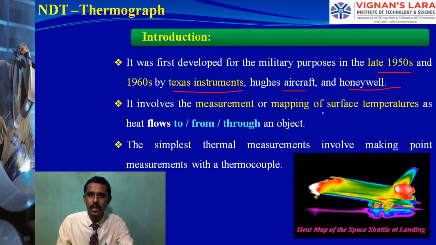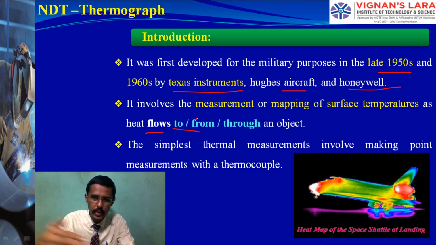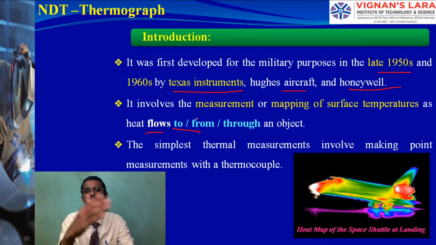So it is a mapping of the surface temperatures as the heat flows to and from, or through, an object, through the specimens, through the aircraft, through the railway tracks. So this is how we identify heat flow to, from, and through an object.